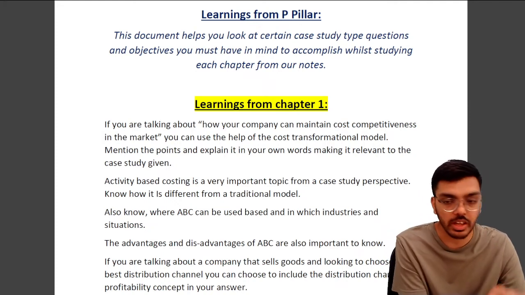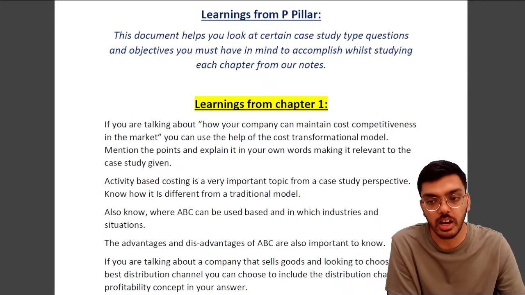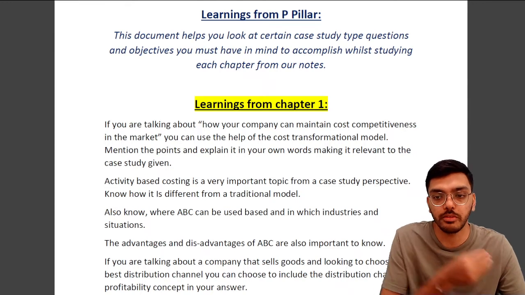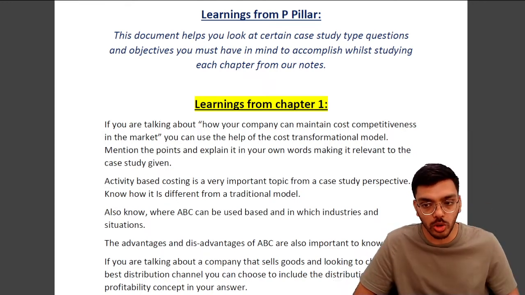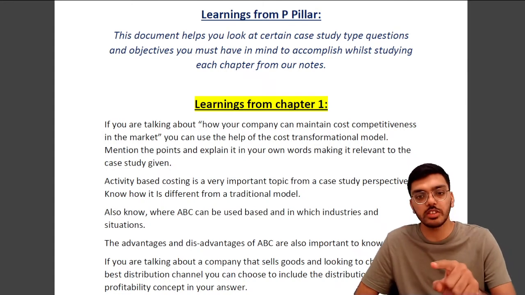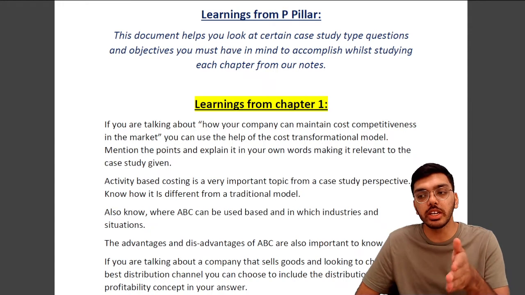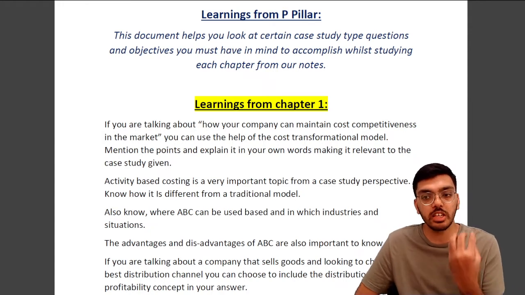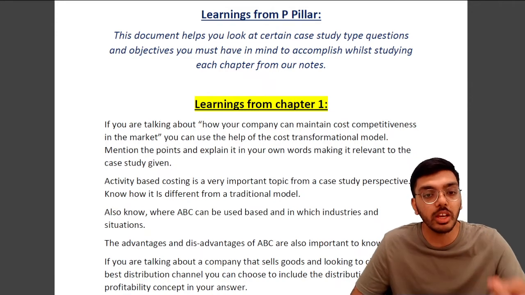So the question arises to yourself, can I explain how ABC is different from traditional absorption costing? After you have gone through the notes, this is a question you ask yourself. So by looking at these learnings, you are asking yourself questions and provoking yourself to come up with explanations.